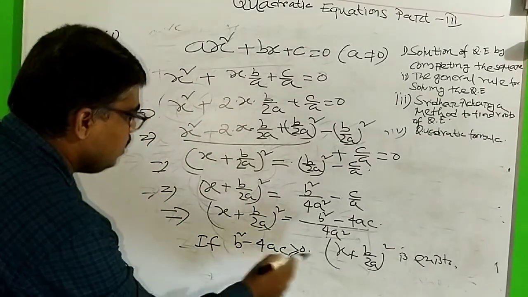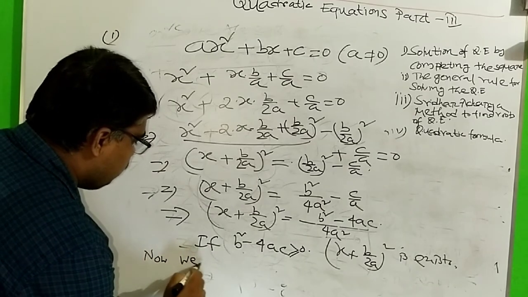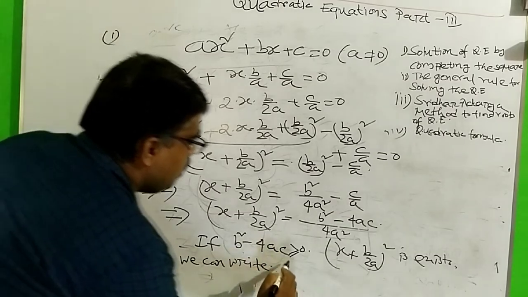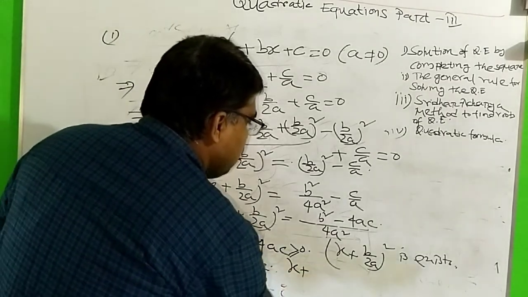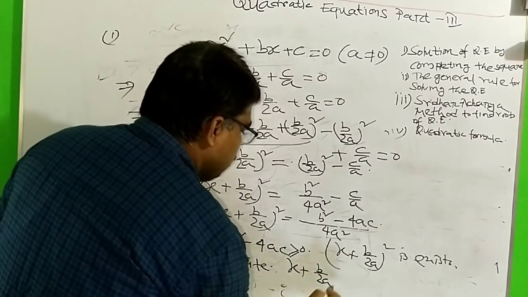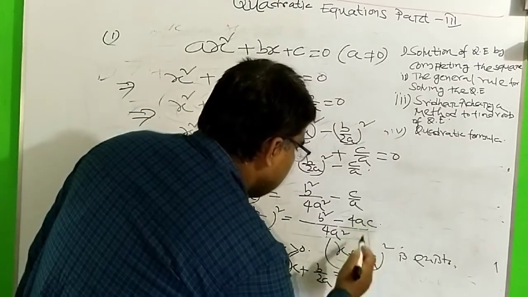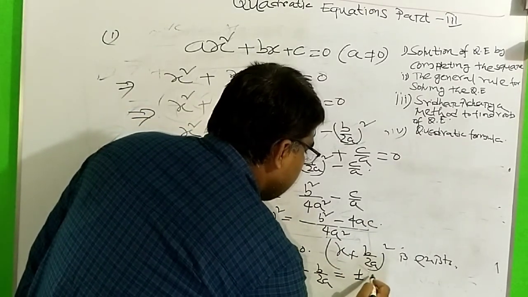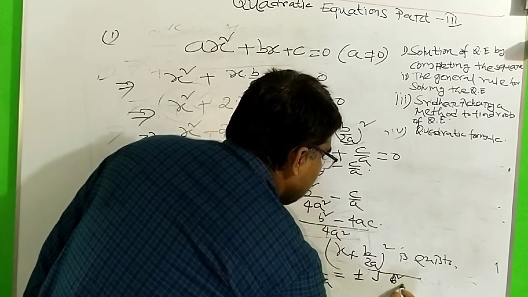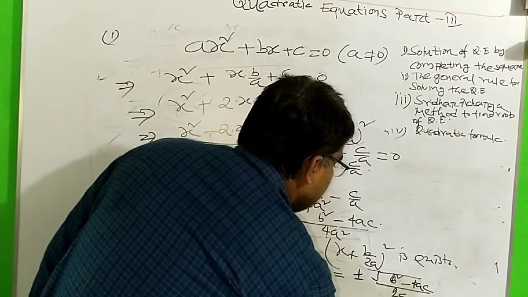Okay. So now we can write x plus b by 2a equal to plus minus root over b square minus 4ac by 2a.